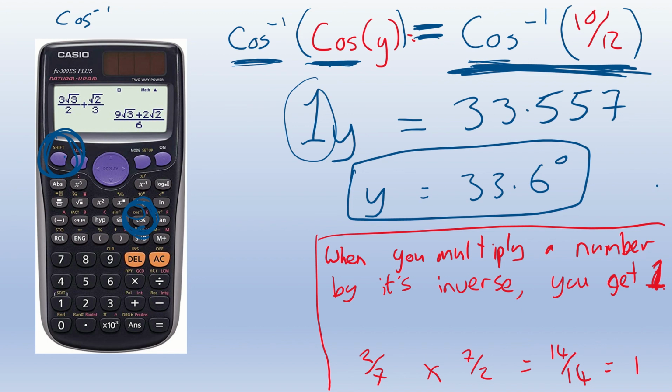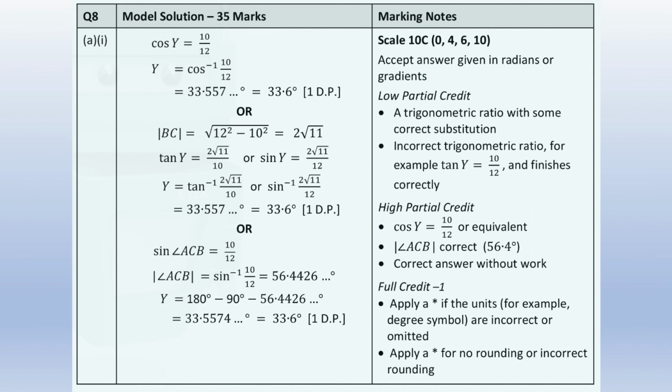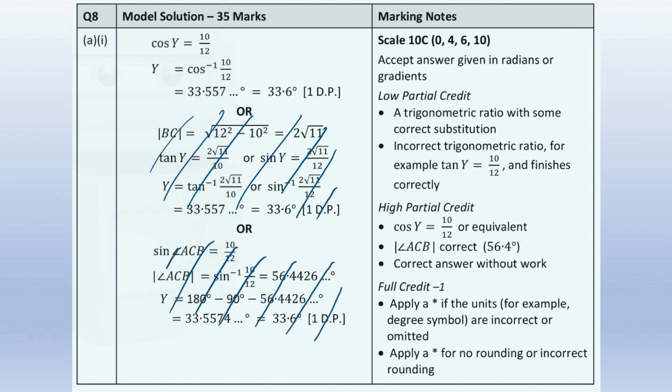Okay, we'll take a quick look at the marking scheme and then I'll wrap it up. So for question 8A part I, they give you 3 ways of doing it. I'm not going to worry about the second 2. One got that using Pythagoras Theorem. Yeah, they went a long way about it.